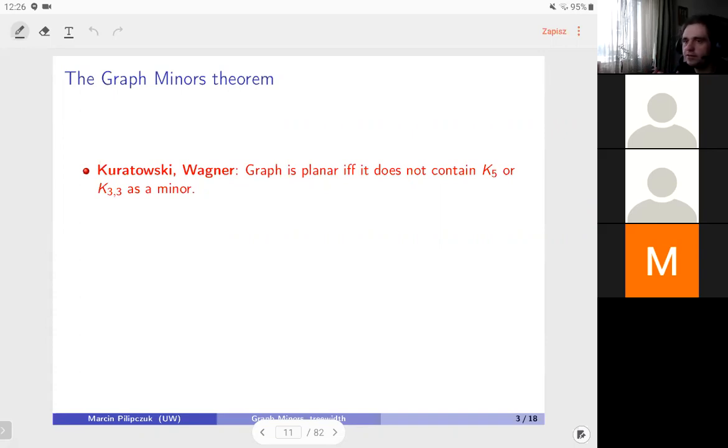Then you can define your graph class by the minimal elements that are not in your graph class. So you have some graph class G that's closed under taking minors. Okay, and you can think of the graphs that are not in the graph class.